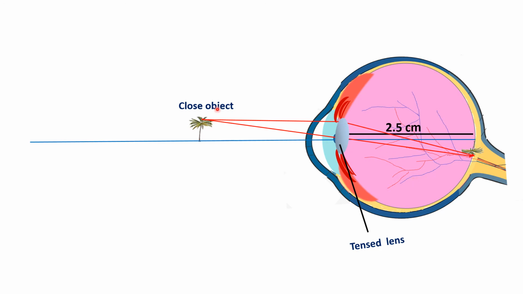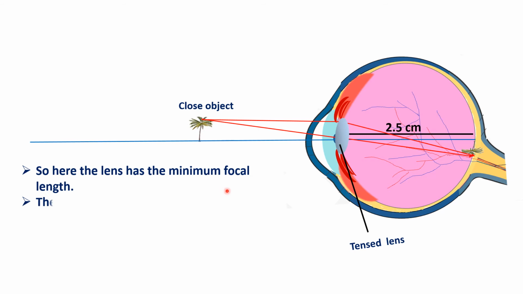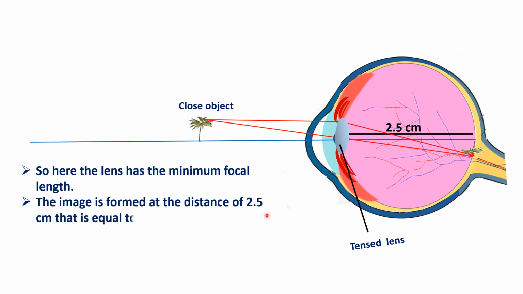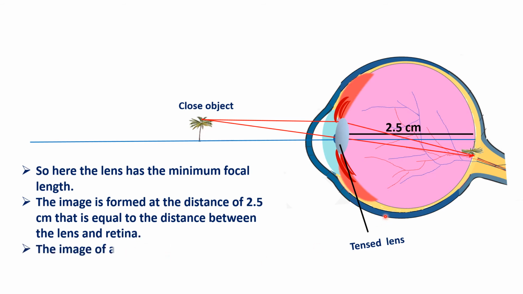So here is the close object. So here the lens has the minimum focal length. The image is formed at the distance of 2.5 centimeters, that is equal to the distance between the lens and retina. That means here the image distance is equal to 2.5 centimeters.